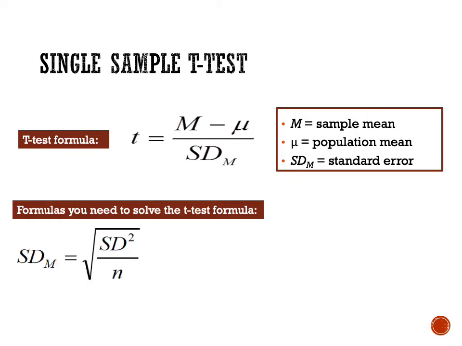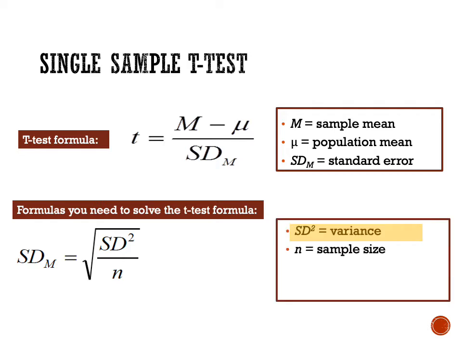So here is the formula for standard error. It is the square root of SD squared, which we know is variance, divided by n, which we know is our sample size. So how many subjects are in the data that we've collected. So there's still some unknowns in this formula. We'll likely be given n. We will know the sample size, but we do need to calculate the variance, so SD squared.